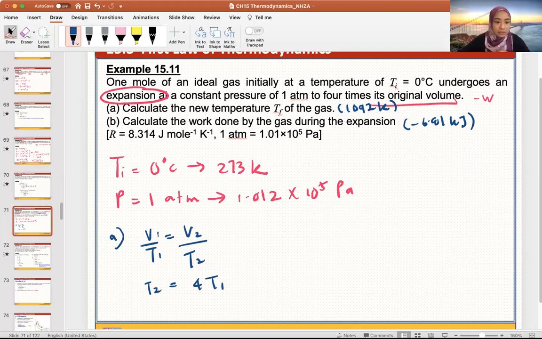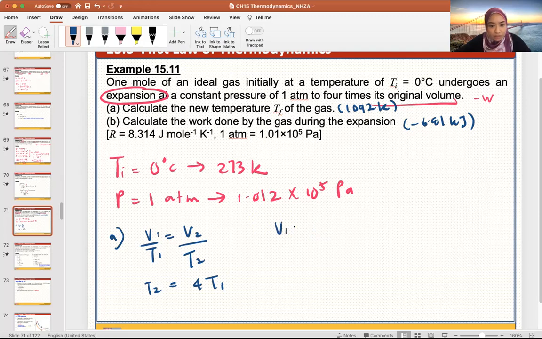Okay, saya cerita macam mana. V1 is just V1 and they said it expands to 4 times its initial volume. So actually V2 is 4 V1. Betul lah apa yang Fakri buat tu, tapi Fakri terus skip.